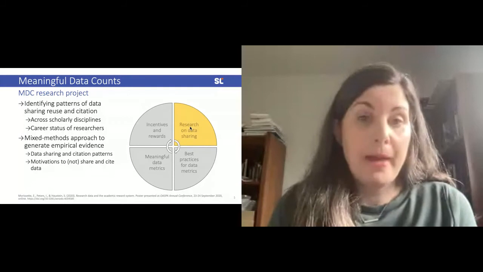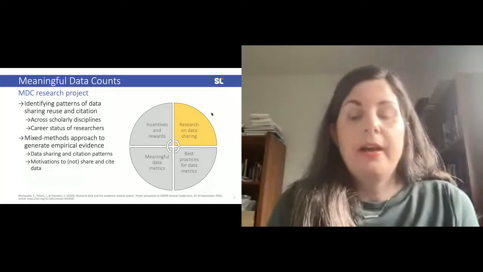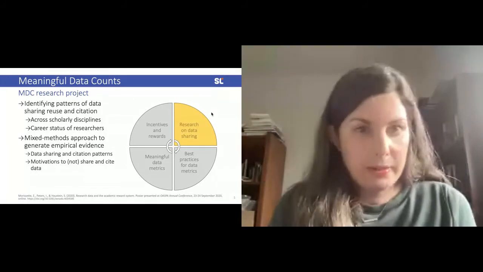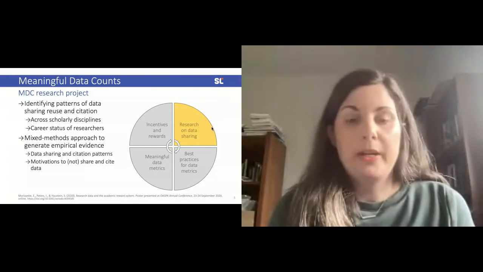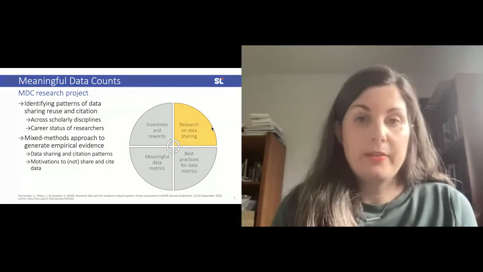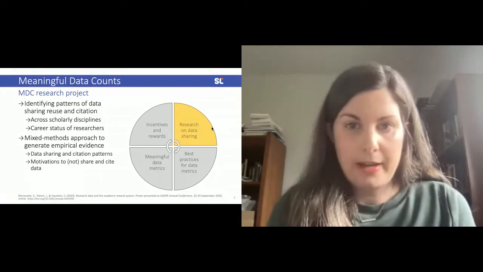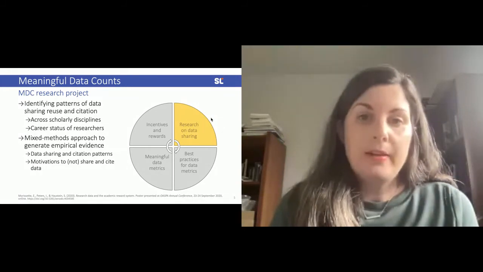We want to look at patterns of data sharing and reuse, and particularly citations, across all scholarly disciplines. We already know that disciplines are a really important factor when it comes to looking at different patterns. And we also want to look further down the road at career status. We think that's also a factor that influences whether people share, reuse, and cite data sets.